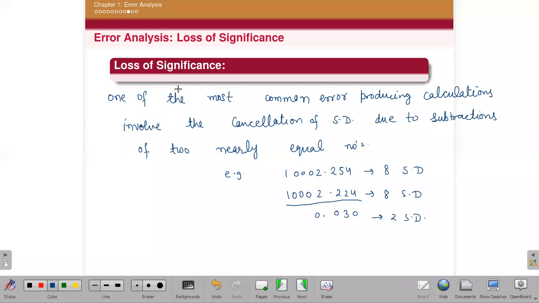Because of the loss of significance, we cannot judge how much error the numbers have. We cannot compare the exact value and the approximate value by simply looking at the absolute error and the relative error. You can see by the next example how the loss of significance is a major problem in error analysis.